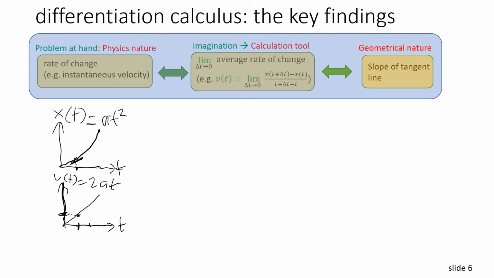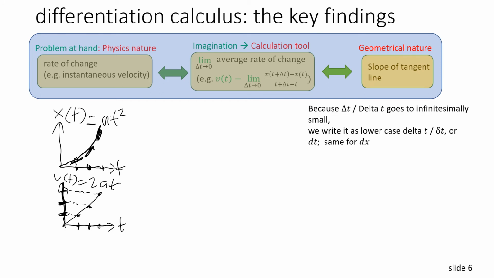And then for this second point, the slope will be steeper, the slope value will be higher, and you can obviously tell there's a higher value on the v of t graph. And for this point, the slope is even steeper. So on the v of t graph, the value is going to be even higher. And yeah, here's the graph for every slope on the displacement function, which is the straight line 2at function.